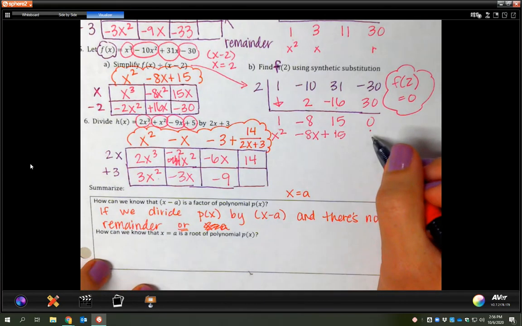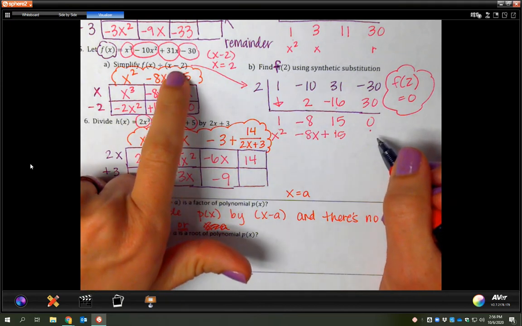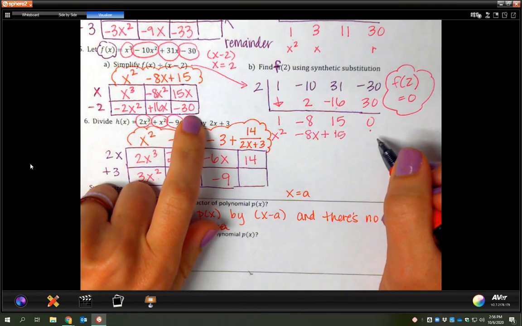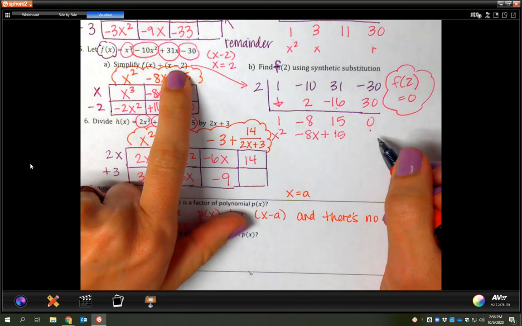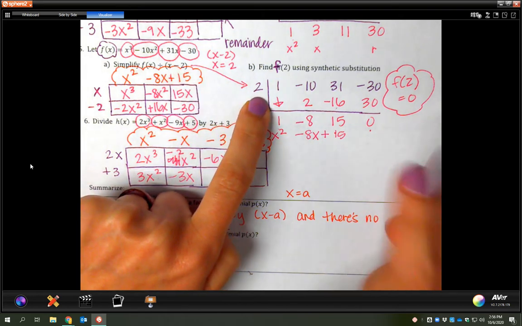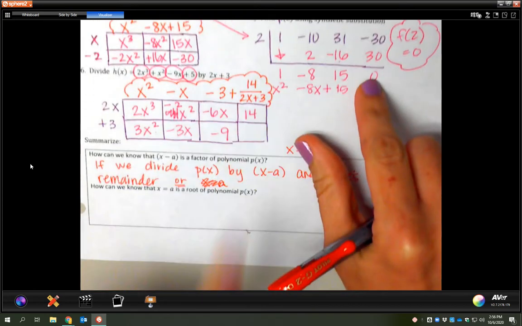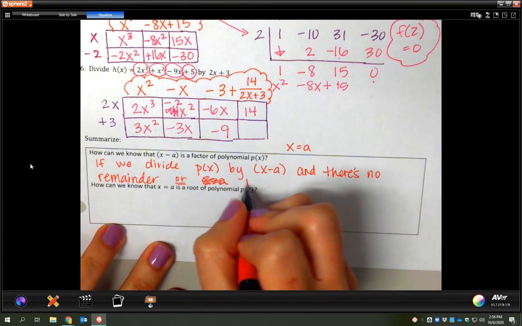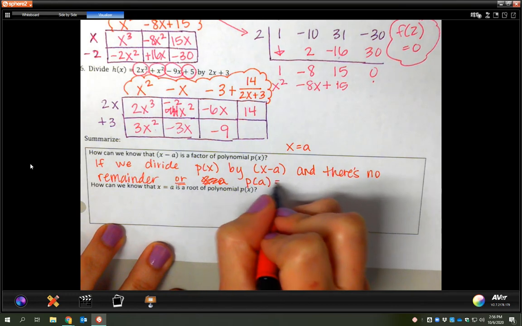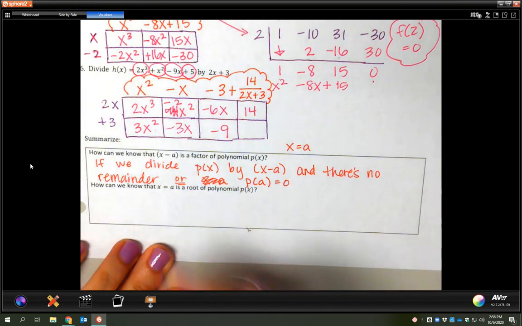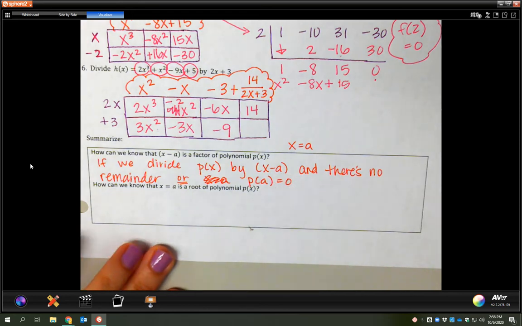That's what happened here. X minus 2 was a factor. We didn't get a remainder. It worked out perfectly. If x minus 2 was a factor, x equals 2 is a root. And when you plug in 2, you get 0. So another way to do it is if p of a is 0, then that means x minus a would be a factor.